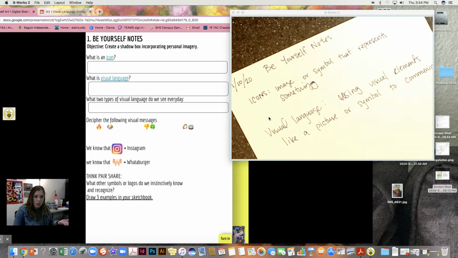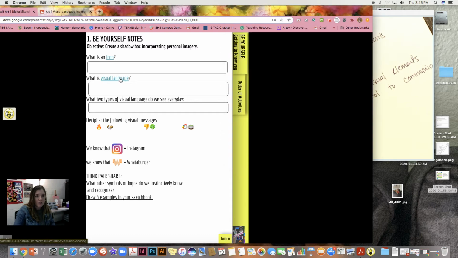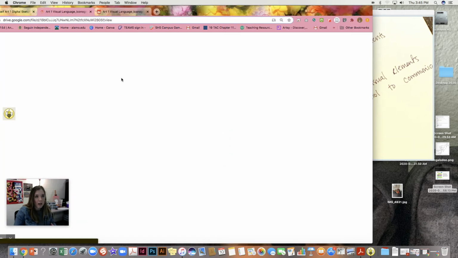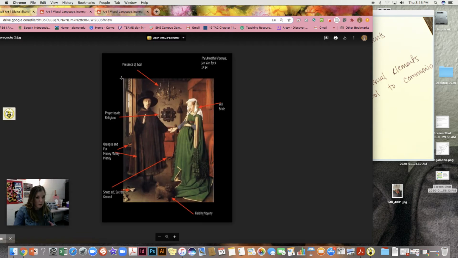Okay, artists throughout time have used visual language, and they've used icons in their paintings, in their drawings, all sorts of things. And the study of this is called iconography. I don't expect you to remember that, but it is called iconography.